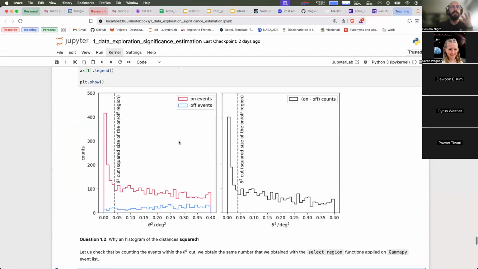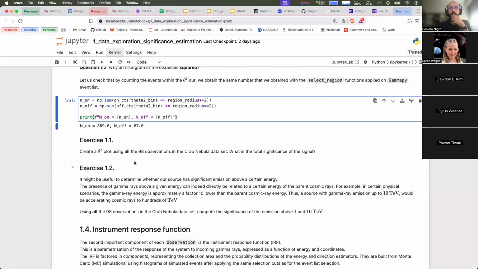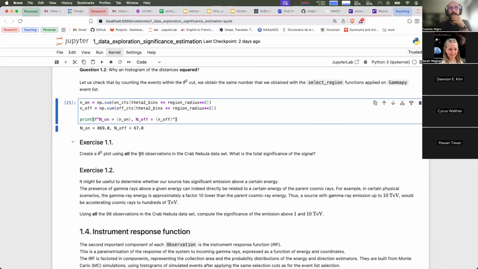So let's say this is a more visual way of showing the presence of the signal. But as you can see, what matters ultimately is just the number of on and off events. So I'll give you a couple of minutes to do this exercise. I would like you to create a theta square plot as we did before, but using all the observations, and then estimate the total significance of the signal.